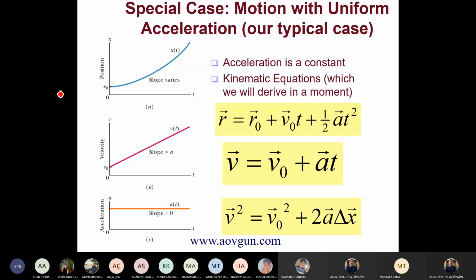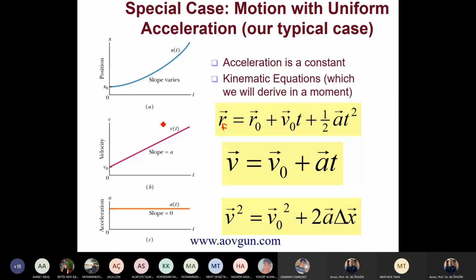So position goes from x0 to xt, t is increasing and position is increasing. Velocity is also increasing linearly, and acceleration is constant. So if there is acceleration, you will find your position plot like this curve. What are these equations? R final, this is final.